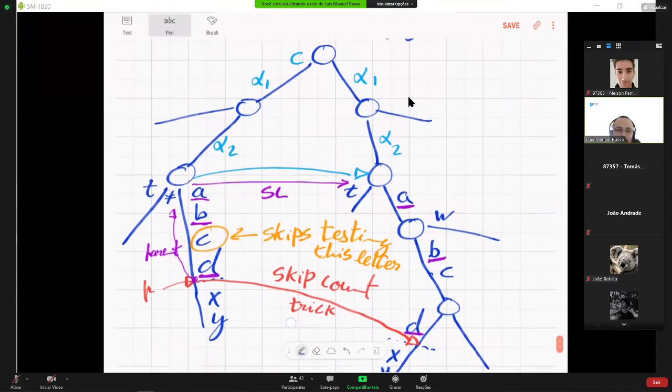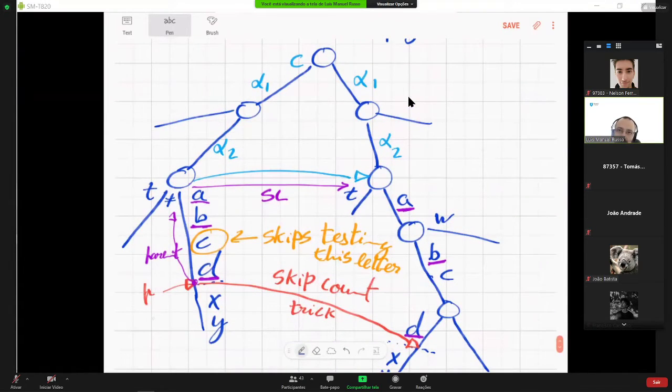Whenever you have a point like this over here, there are two depths that we might consider. One of them is the tree depth, which is the number of nodes above this point. The tree depth of this point would be 3.